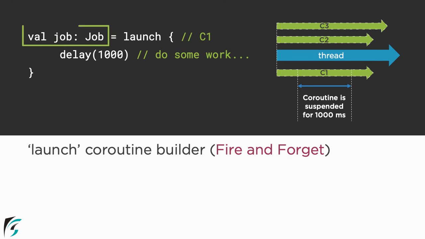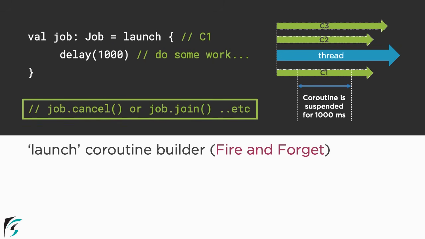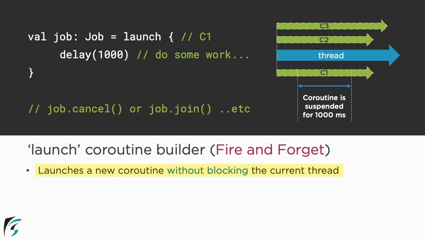And this launch function returns a job object, right? So using this job object, you can wait for the coroutine to finish or even cancel the coroutine. So in short, this launch coroutine builder creates a coroutine that runs without blocking the current thread. Always remember this, it does not block the thread on which it operates.